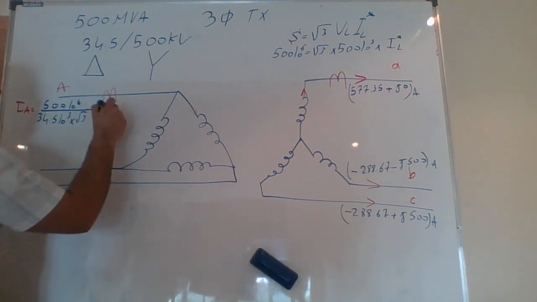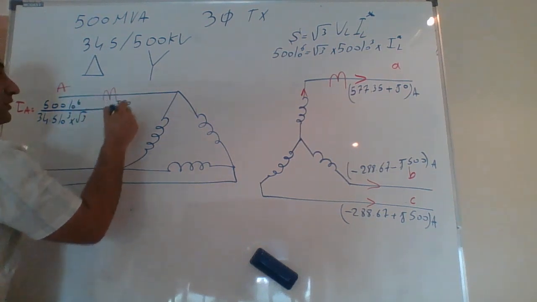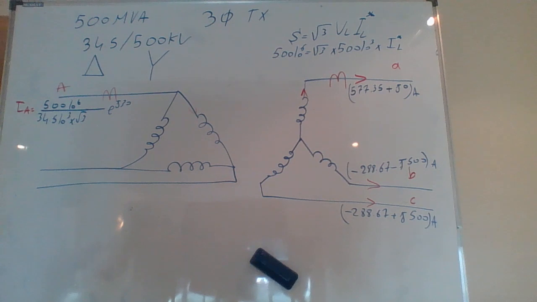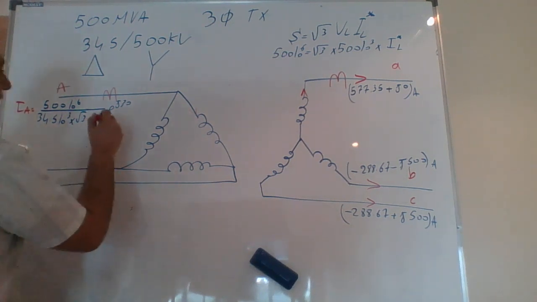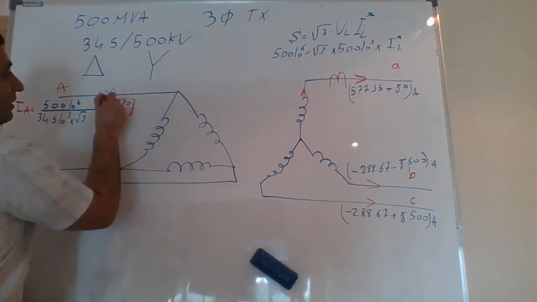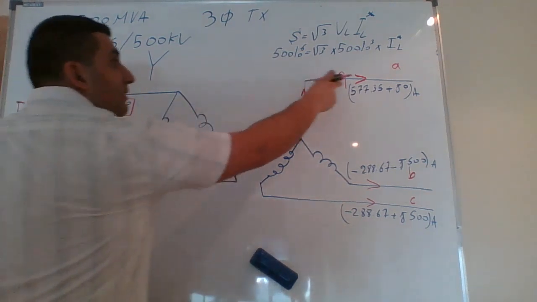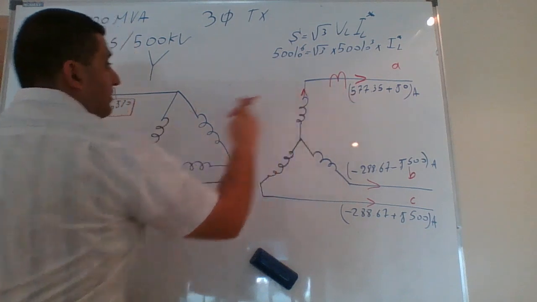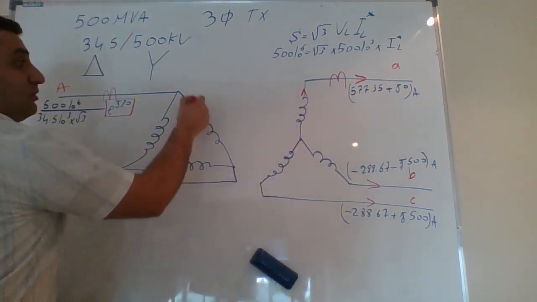I have to do exponential of J30 in here. That's very important for me to add this exponential of J30, because this line is a reference 0. That means here the angle is 0.